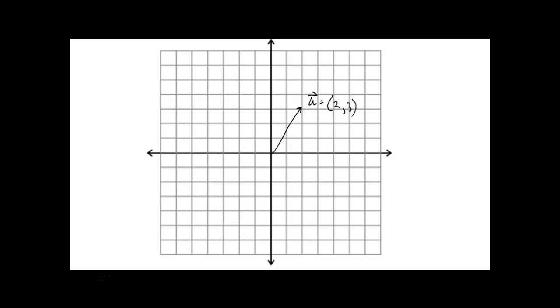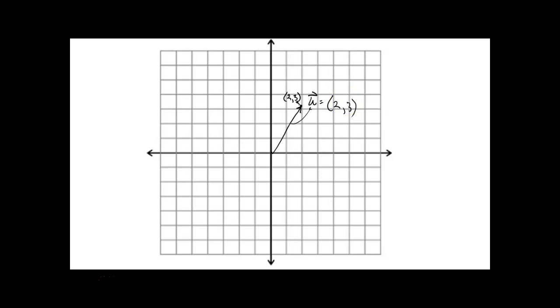To represent U, draw a directed line segment from the origin to the point 2, 3 as shown. So this point is 2, 3, the vector is also 2, 3. These are coordinates of a point, components of a vector.